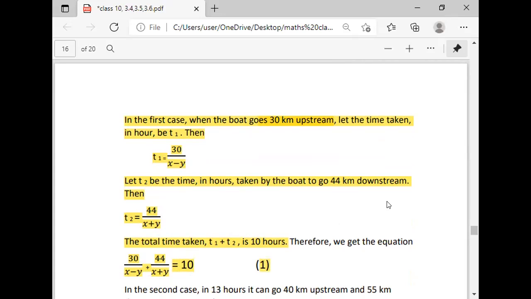Using the information given in the first sentence, we have now formed an equation. In the same manner, we are going to form the equation from the second sentence. So can anybody say how we can form the equation?